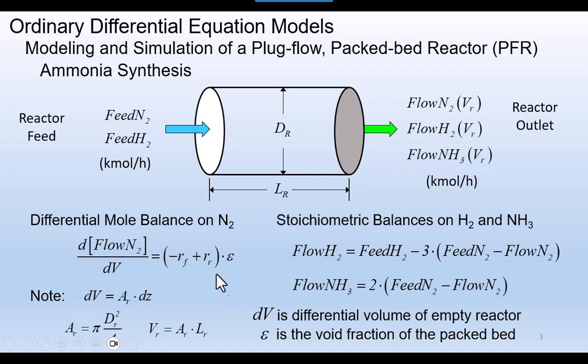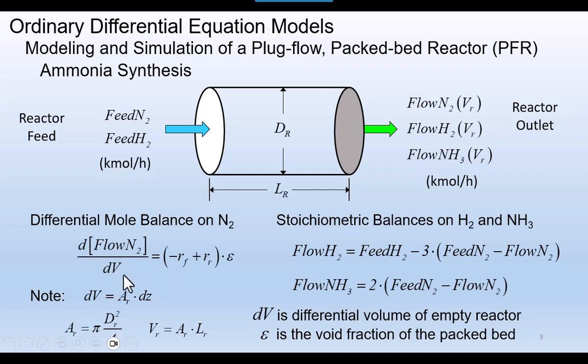So we create a fairly simple differential mole balance here in terms of the molar flow of nitrogen. And that is described by our forward rate. That's why it's minus, because it's consuming the nitrogen, and the reverse rate, which is producing nitrogen from ammonia.